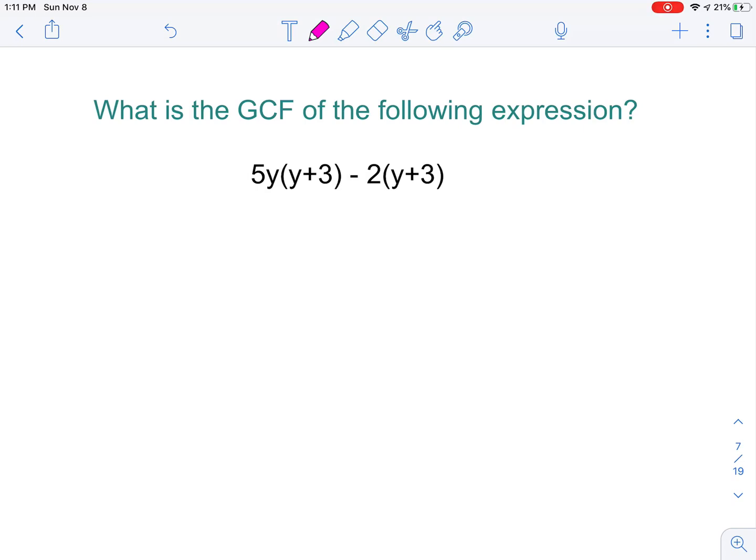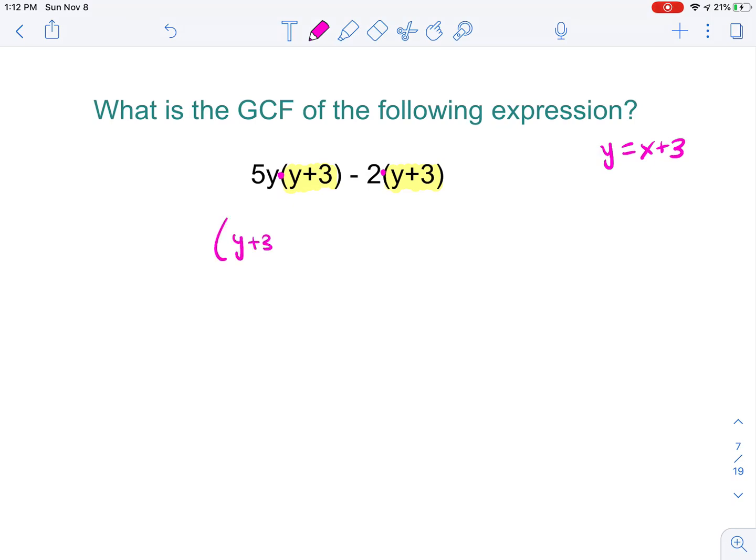Okay, so we have 5y times y plus 3 minus 2 times y plus 3. Now, if you remember in the do now, right, we treated these grouped parentheses almost as if it was its own variable, right? We said let y is equal to x plus 3 in our first example. All right, so using that same idea, if we look at this y plus 3 parentheses as its own, it is a common factor because it's being multiplied to both of those terms.